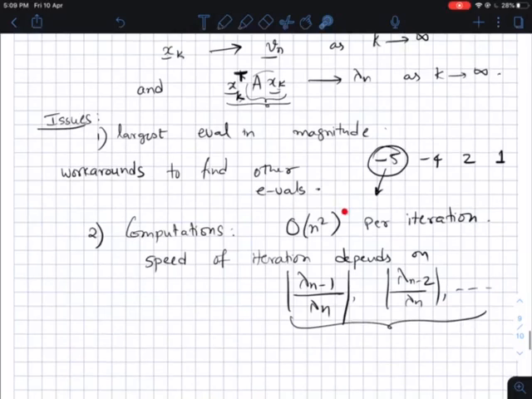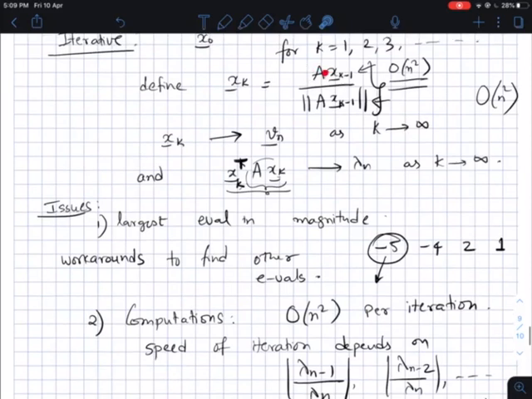However, I do want to highlight that this order n² computation is for an arbitrary, generic matrix A. Oftentimes there is a lot of structure in A. For example, A could be a very large matrix, meaning n could be a million, but it could be very structured, meaning that maybe it's very, very sparse.